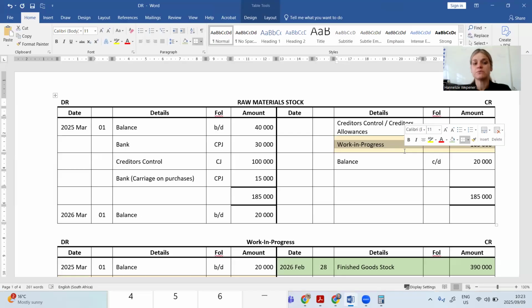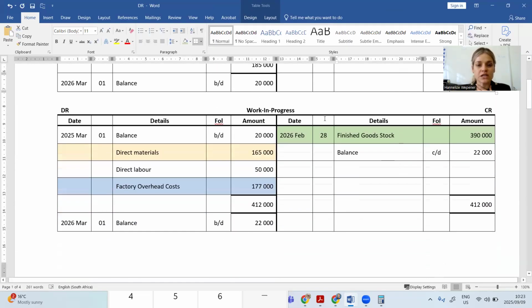So a very easy way of ensuring that you don't miss anything or feel overwhelmed in a paper when we start asking you those types of questions, do your T account, because the T accounts are easy and it's a nice guideline. You don't have to do a neat one. That's why I said I'm not even concerned about the folios now. I've mentioned the folios as I went along, but you can just do a rough draft T account.